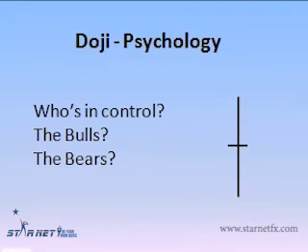Let's look at the psychology of the pattern now to see who is in control, the bulls or the bears. A doji indicates a tug of war between the bulls and bears in which neither party was dominant. Price was driven up from the open by the bulls, but driven back down by the bears.